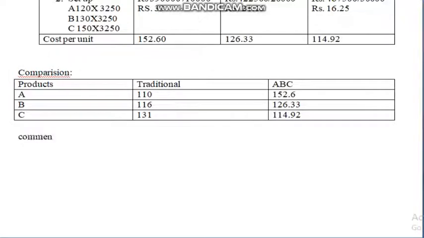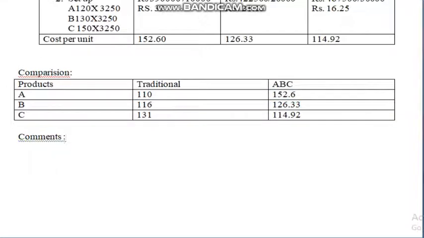Now give your comments. So compare both traditional and activity based costing. After comparison, product A is quite costly in ABC method compared to traditional method.